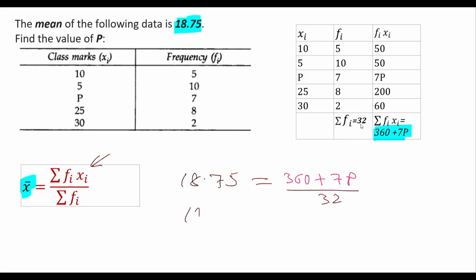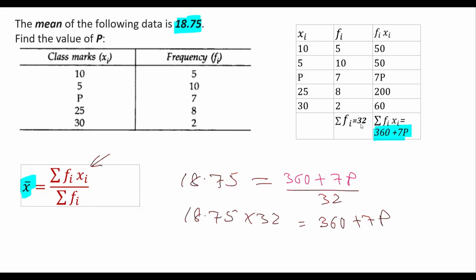Next, we'll do cross multiplication, as we cannot reduce it on the other side. So we'll be multiplying this 32 on the other side. On transposing, it will be multiplied. That comes out to be 360 plus 7P, capital P.